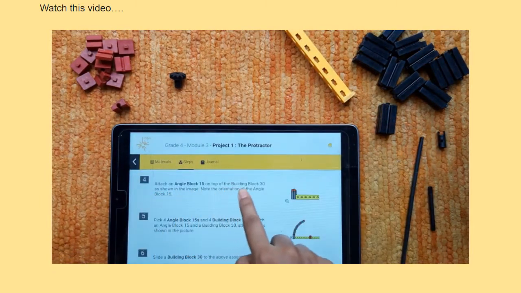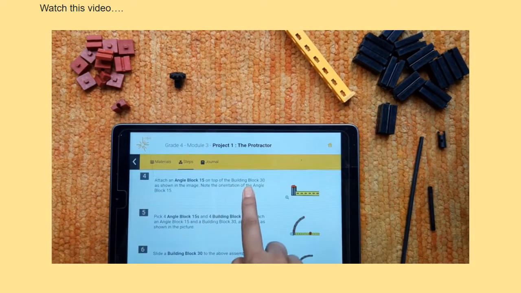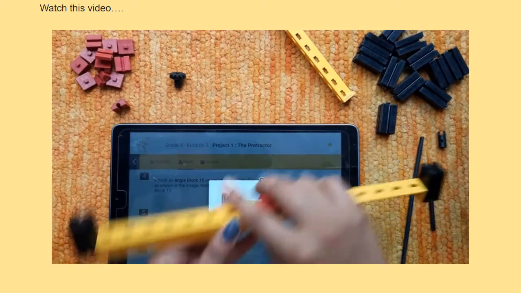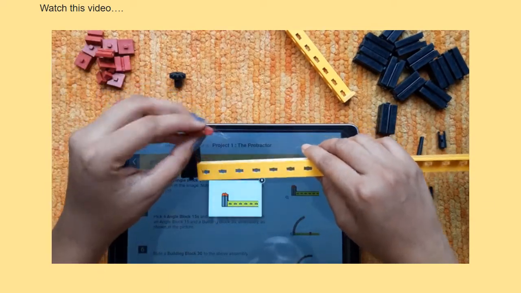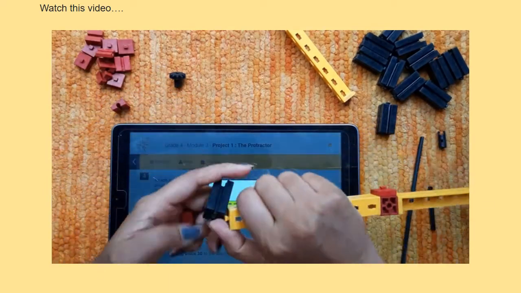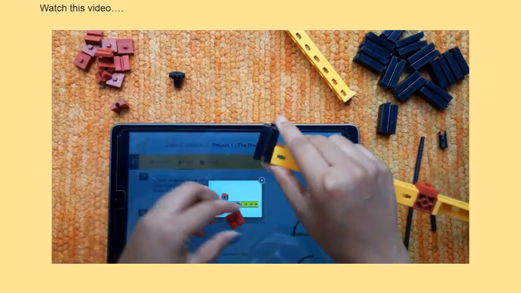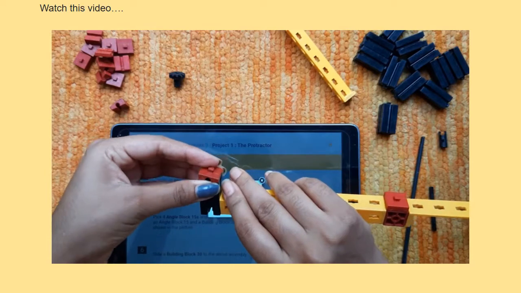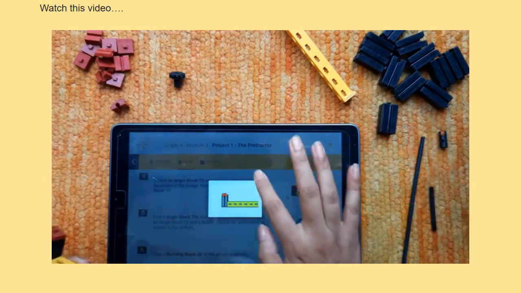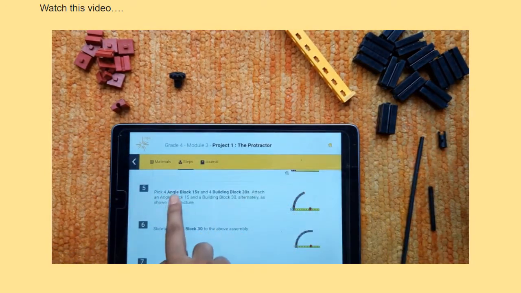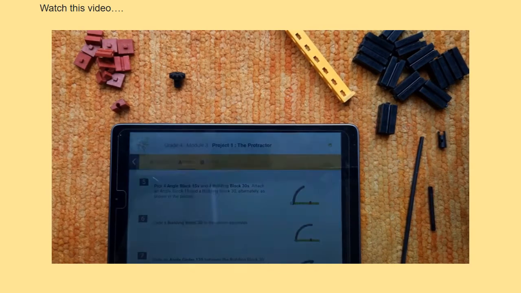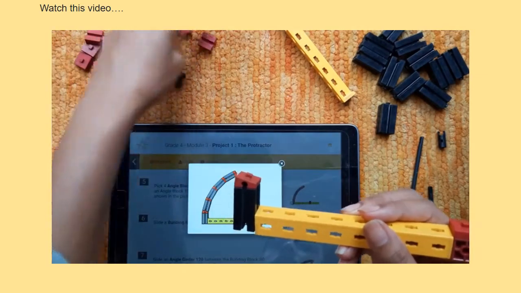Next step is attach an angle block 15 on top of the building block 30. So this is the angle block 15 that we have to attach. This way I am attaching it. Next step, pick 4 angle block 15 and 4 building block 30s. Attach an angle block 15 and a building block 30 alternately as shown in the picture.